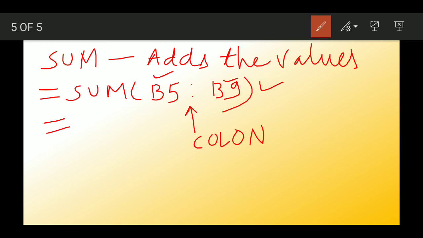These are parentheses here, okay, or brackets. In the starting we use the equal to symbol. After writing this function we can press the enter key, then we will have the result here also. We will have the result in place of the function. Okay.